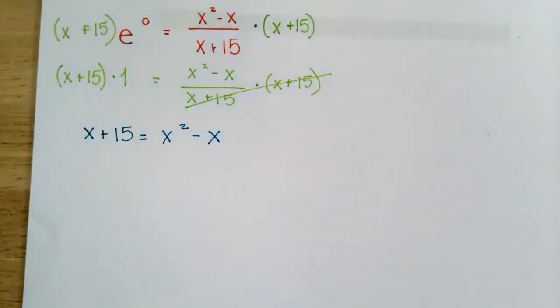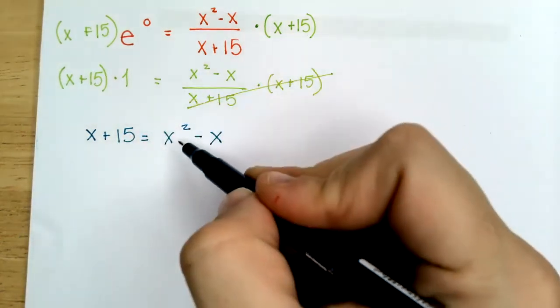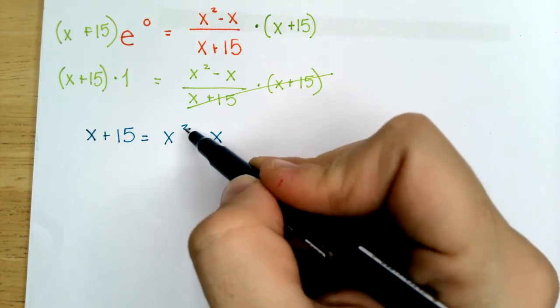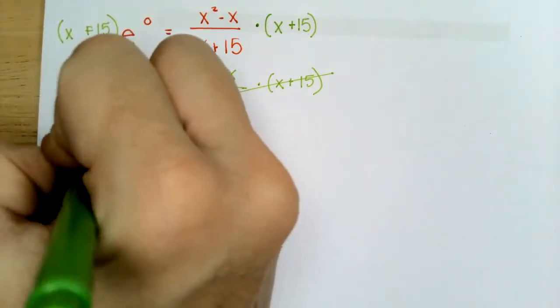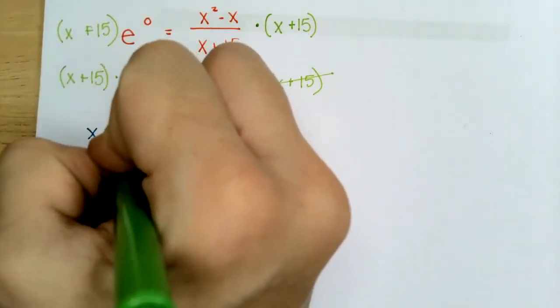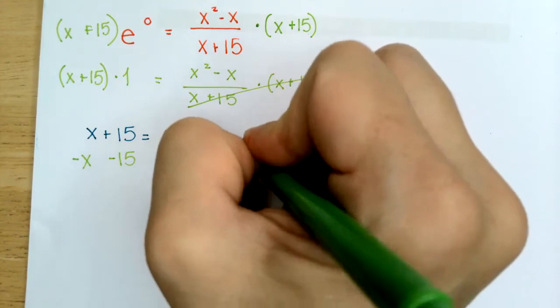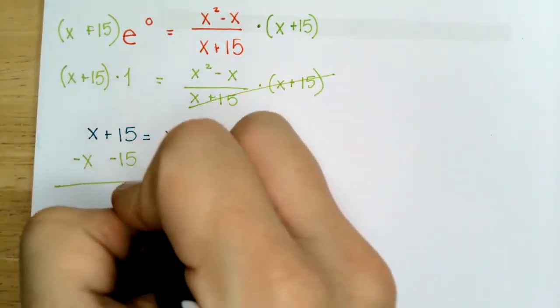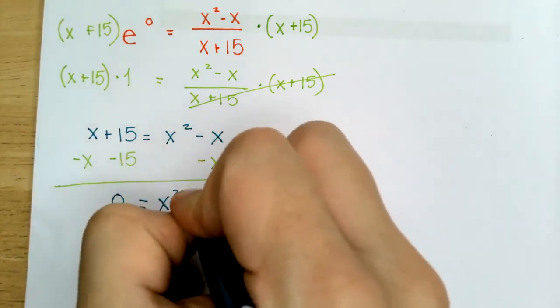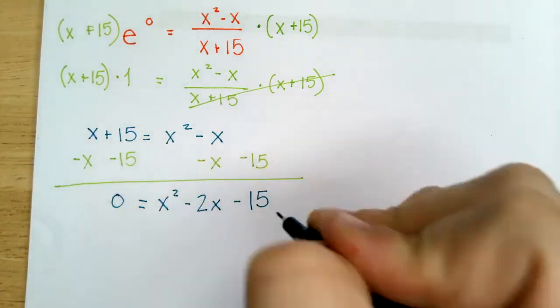Good? Okay. This is, again, a quadratic equation, so I'm going to set it equal to 0 by moving things over. I like my leading term, which would be the squared, to be positive, so I'm going to subtract x and subtract 15. That means over here I have 0. Here I have x squared minus 2x minus 15.